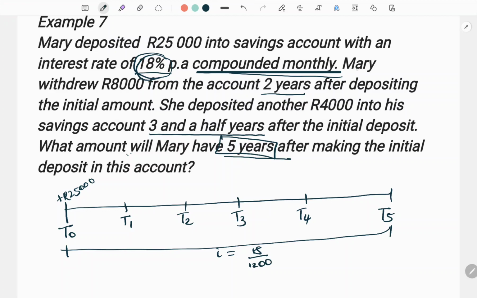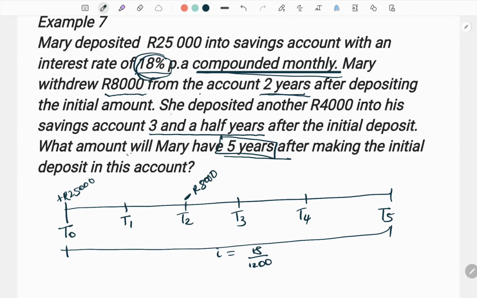Now, Mary withdrew 8,000 from the account 2 years after. At T2, minus what? 8,000.